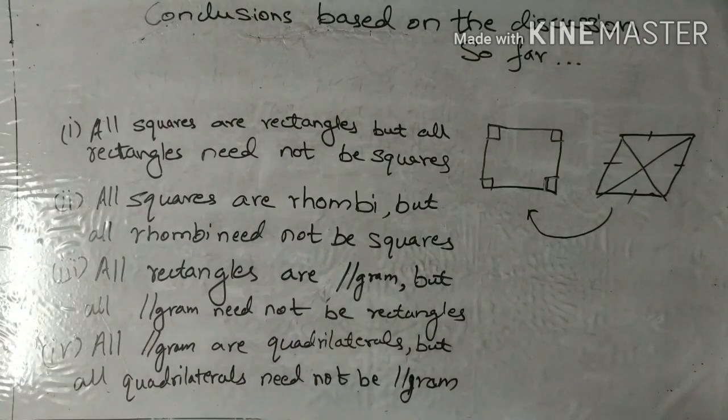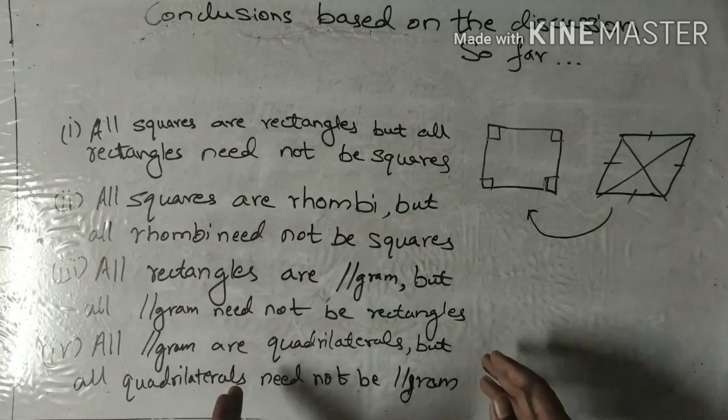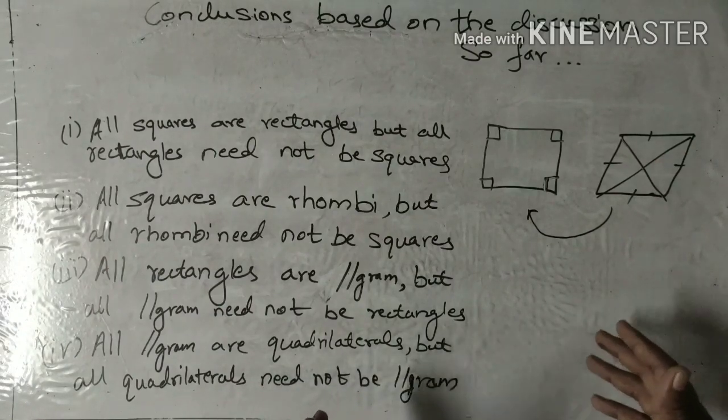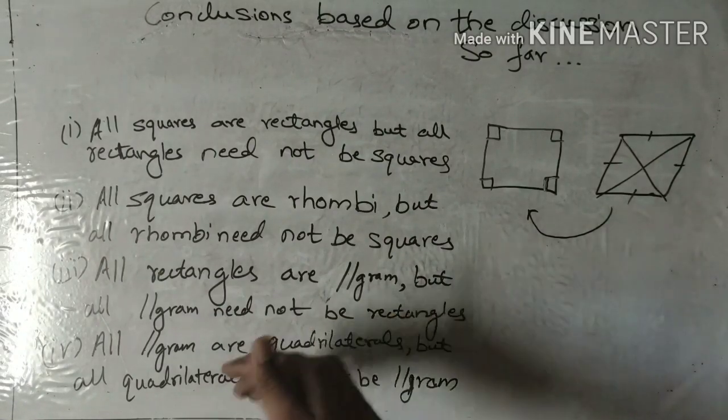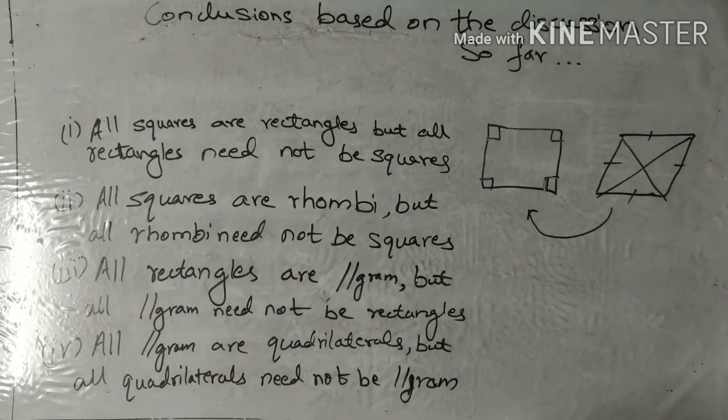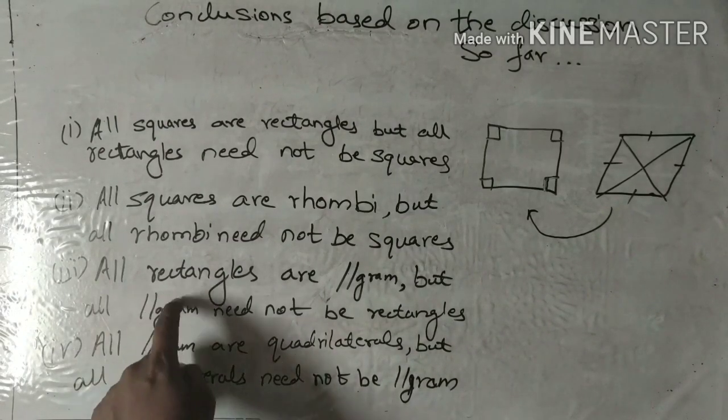All rectangles are parallelograms, but all parallelograms need not be rectangles. Same way, rectangles should have 90 degree angles, but a parallelogram does not have to. So all rectangles have the properties of a parallelogram, but a parallelogram does not have the property of 90 degree angles, which a rectangle must have.